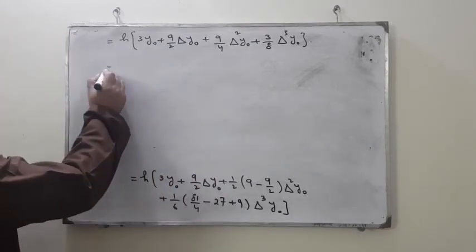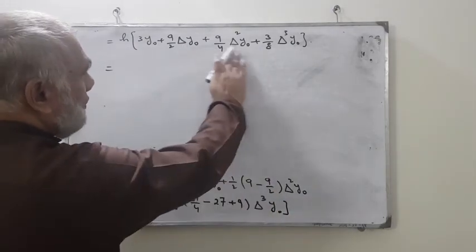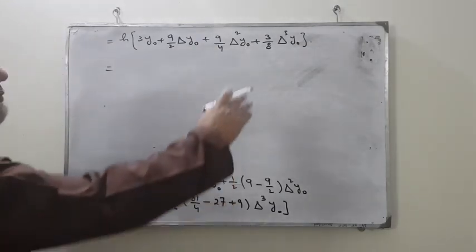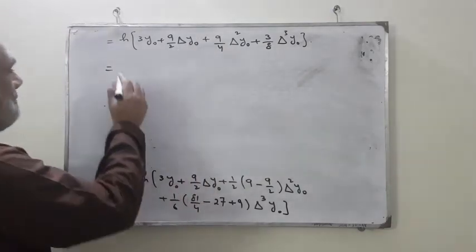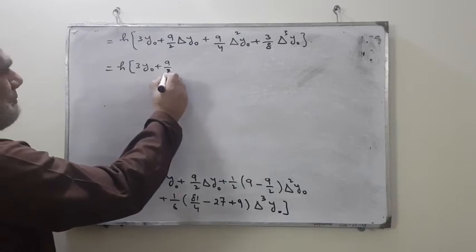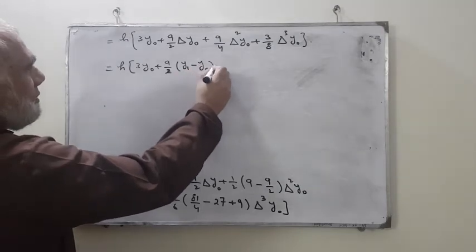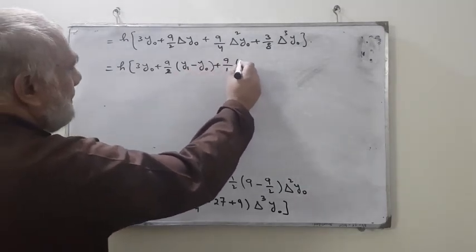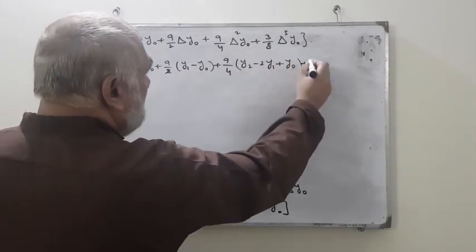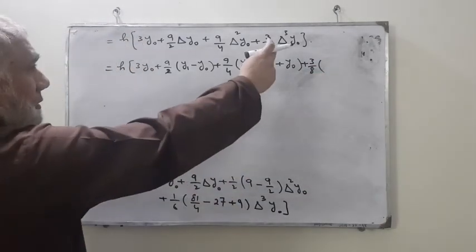Now after simplifying and obtaining this result, the next step is to replace these differences. We have already replaced two differences with simple algebraic functions. So now we are going to replace this one as well. On replacing them, we get 3y0 plus 9 by 2 into (y1 minus y0) plus 9 by 4 (y2 minus 2y1 plus y0) and plus 3 by 8, and this result is the third order forward difference.